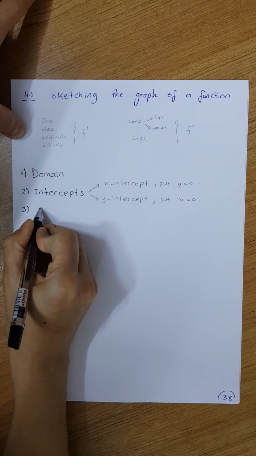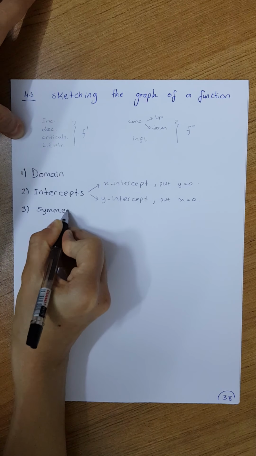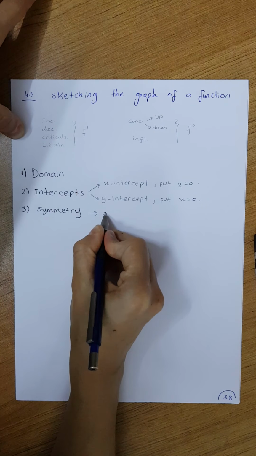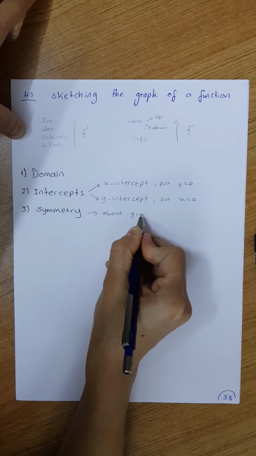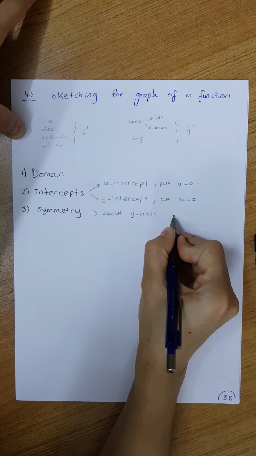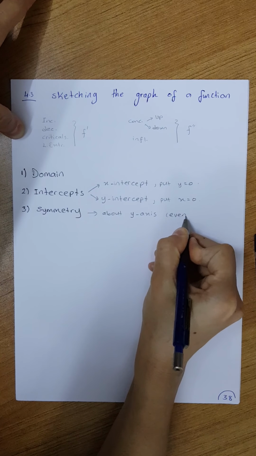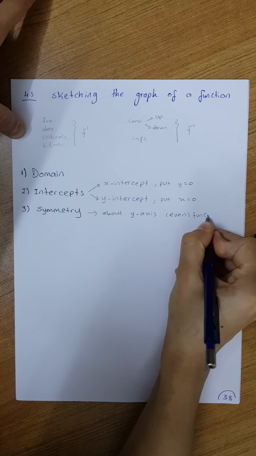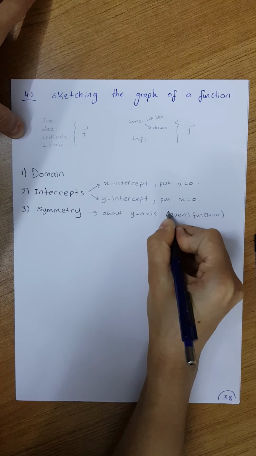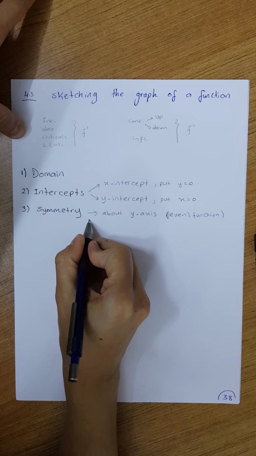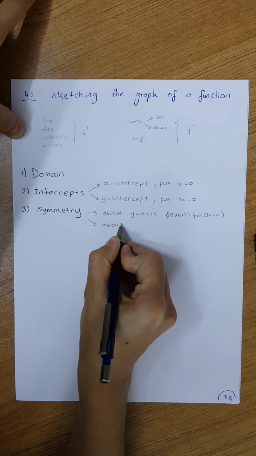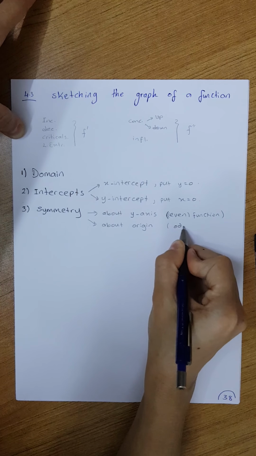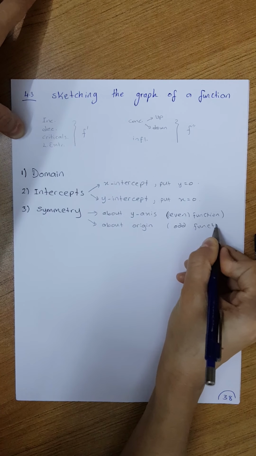So the third one is to find the symmetries. What is symmetry? How many kinds of symmetry we have got? We have got symmetry about the y-axis. You know that if the function is even, we have studied this one, then the function is symmetric about the y-axis, and we have got symmetry about the origin if the function is odd.